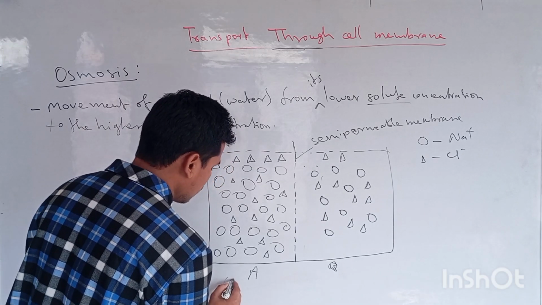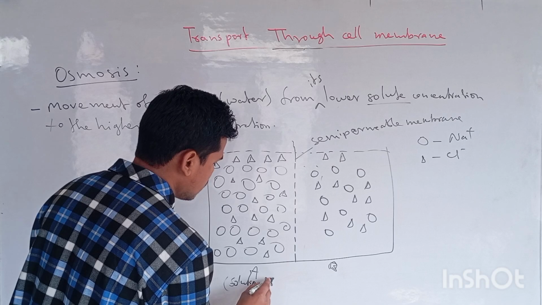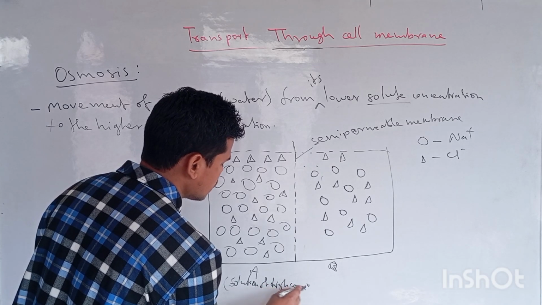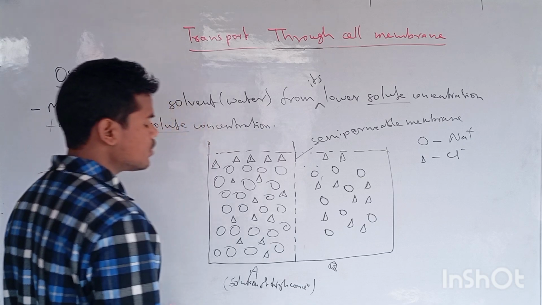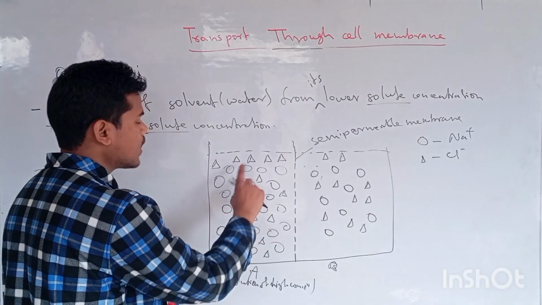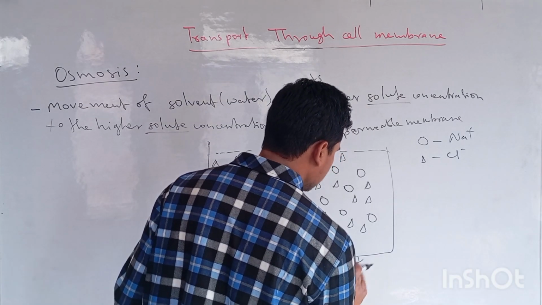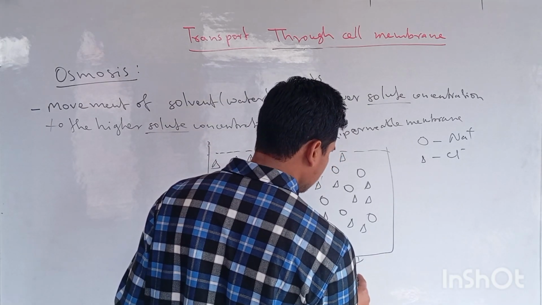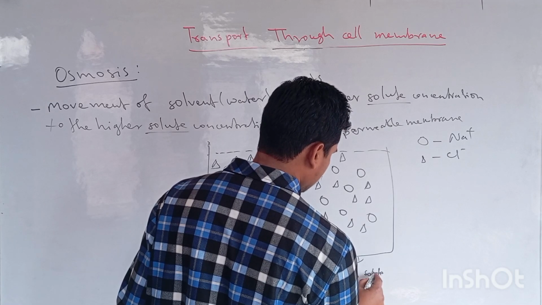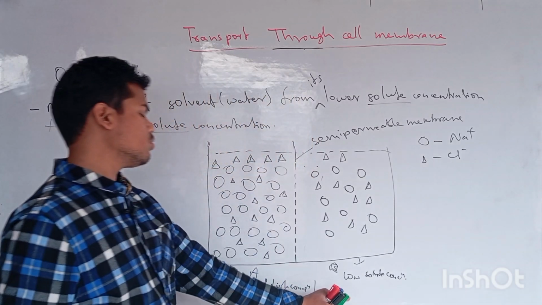Solution A is a high concentration solution, because here is the higher solute concentration, and this solution B is the low solute concentration, or lower concentration solution.